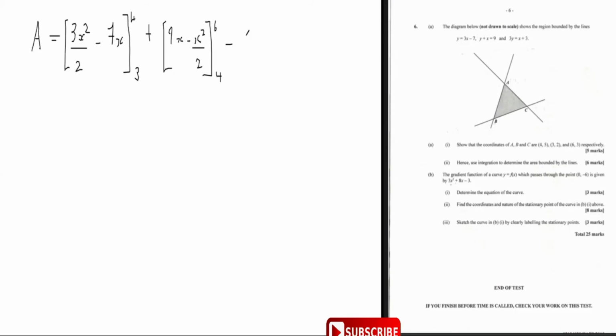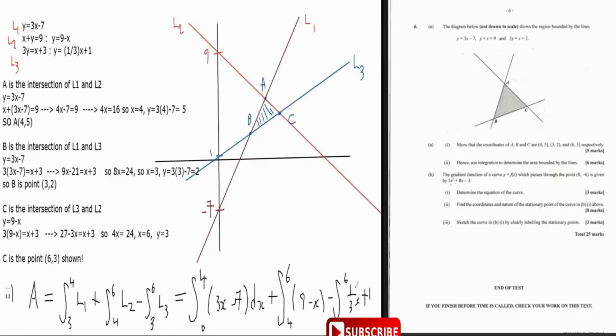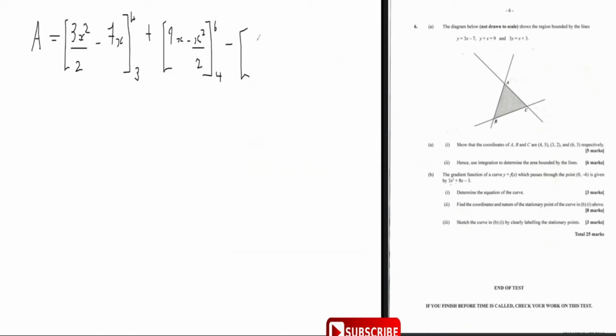Just making sure again, it becomes x squared over 6. And then plus 1, you integrate, you get x, from 3 to 6. So now it's time to use your calculators, and that will give you the area.